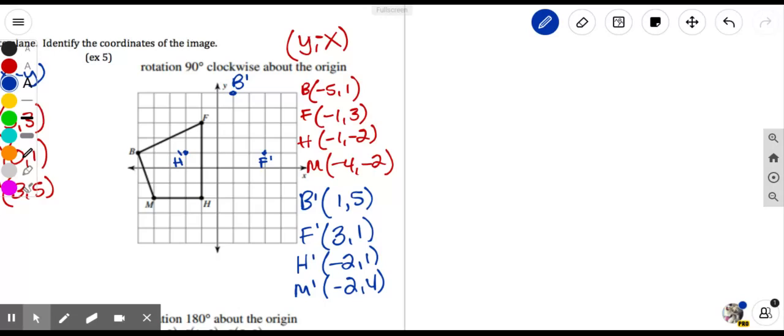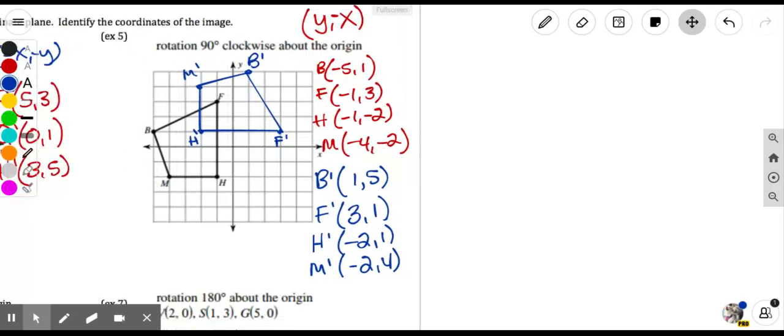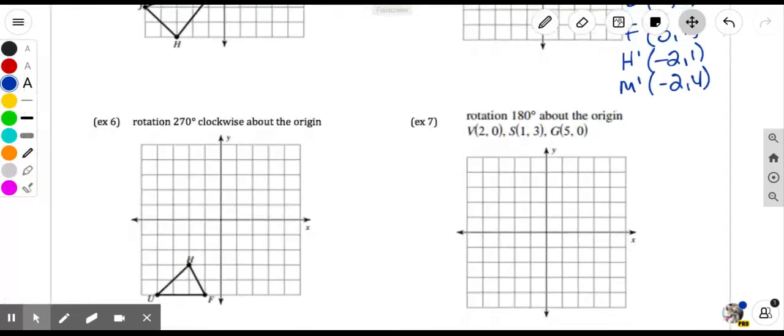And M prime is negative 2, 4. And then we can connect. Notice that everything is the same size and shape as the original. So the two shapes, the pre-image and the image, are congruent because these are congruence transformations.